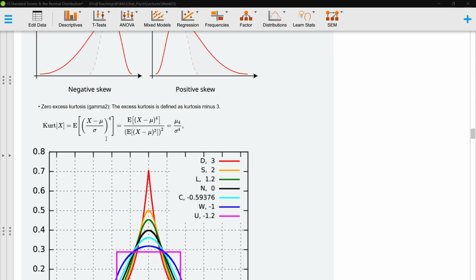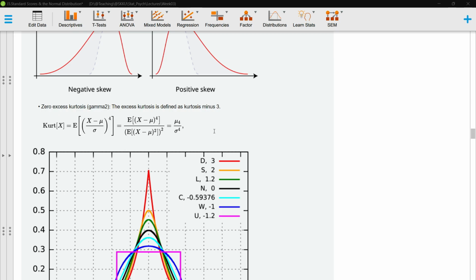So because of this, if we have a long tail, it will give us a big number. The expected value of the fourth power of the standard score for the normal distribution is 3. So the excess kurtosis is this kurtosis minus 3. So it will give us zero excess kurtosis for the normal distribution.